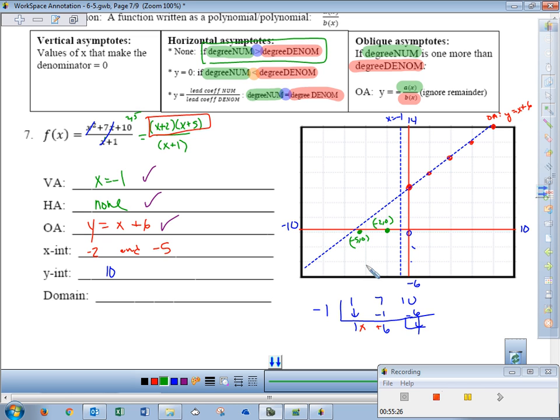If it hits your line a little bit, it really isn't going to. Just put it a little off to the right. It's just a sketch. It's not the most accurate thing in the world. Y-intercept of 10. So 2, 4, 6, 8, 10, 0, 10. After I have all that, it's time to make the sketch.